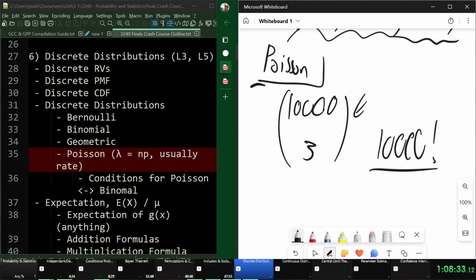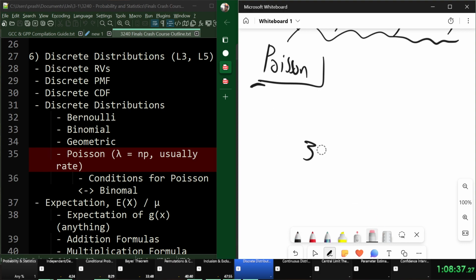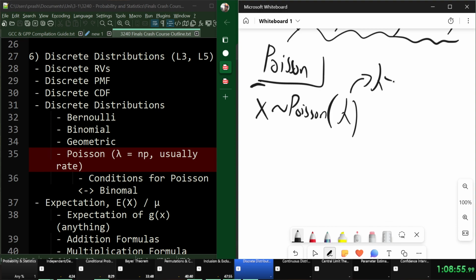So, to mitigate this, Poisson comes into play, which is the spicy version of binomial, where we write it as: x follows a Poisson distribution with parameter lambda. What in the world is lambda? When converting to and from binomial, lambda is equal to the number of trials in a binomial experiment times the probability of success.